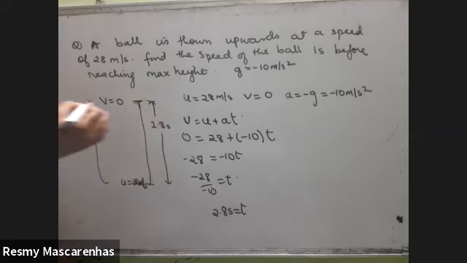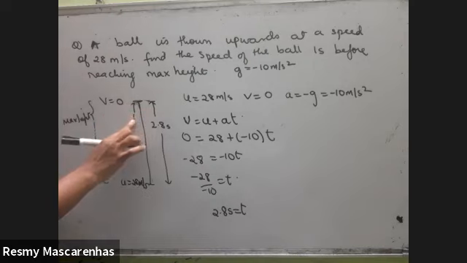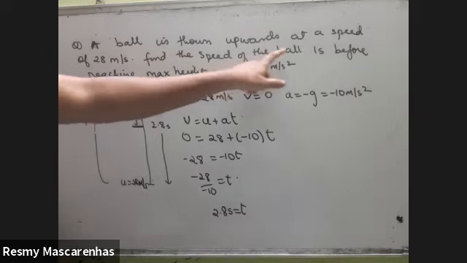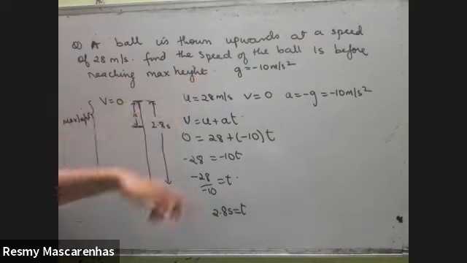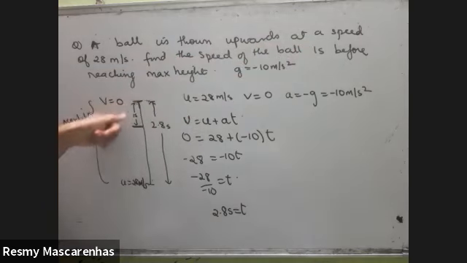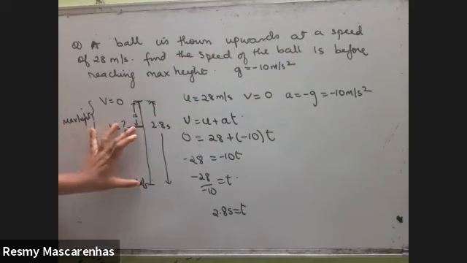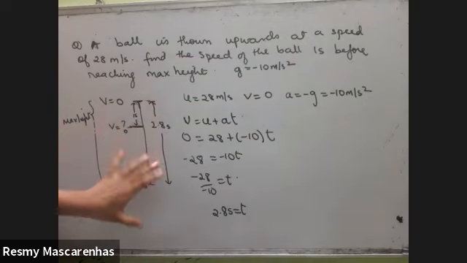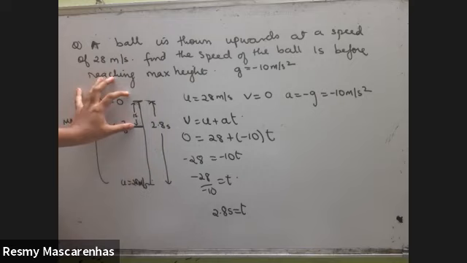Now from here to here, suppose it is 1 second. What has been asked? Find the speed of the ball 1 second before reaching the maximum height. So here I want to check what is my velocity. Can anyone tell me what will be the time taken to reach here now? Whole time is 2.8 and this is 1 second less.